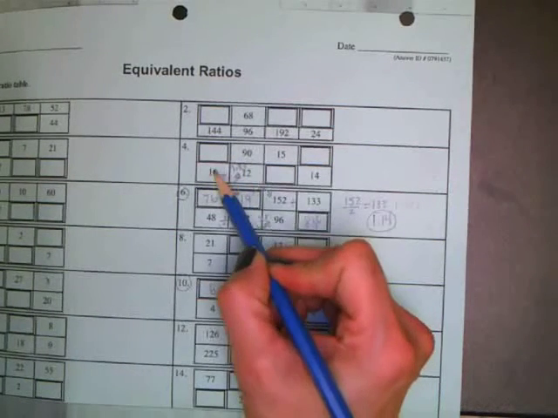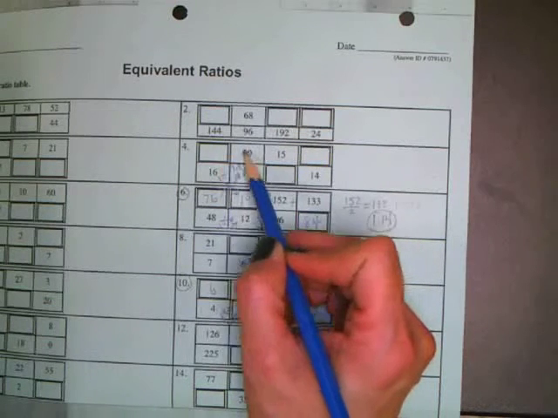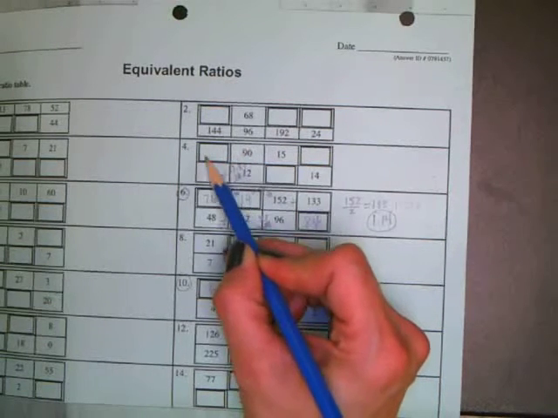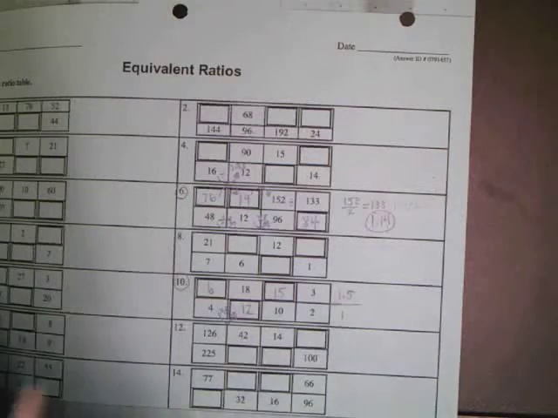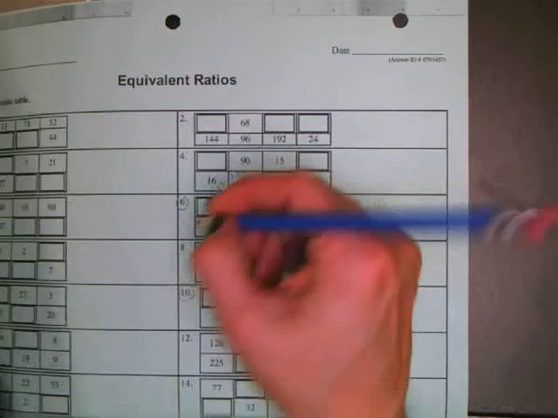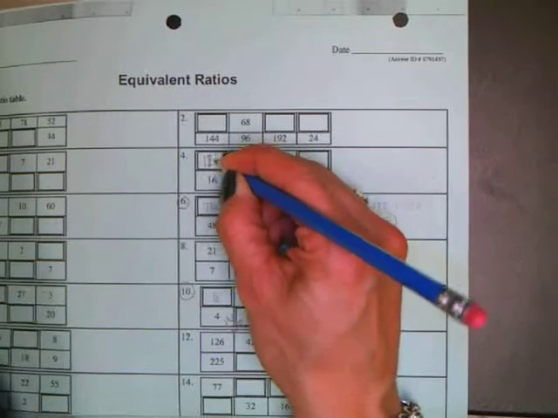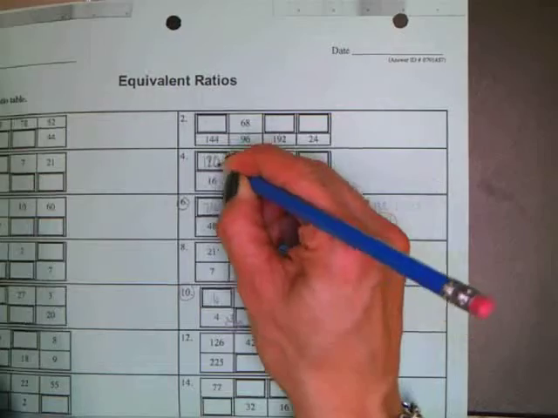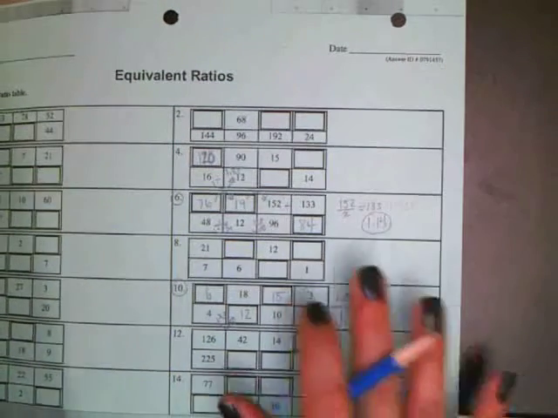So if we divided to go to the right, we're going to multiply to go to the left, because our number over here is going to be smaller than our first number. So we're going to take 90 and we're going to multiply by 1 and 33/100ths. We're just going to round a little bit to 120. Sorry, this paper keeps moving around.